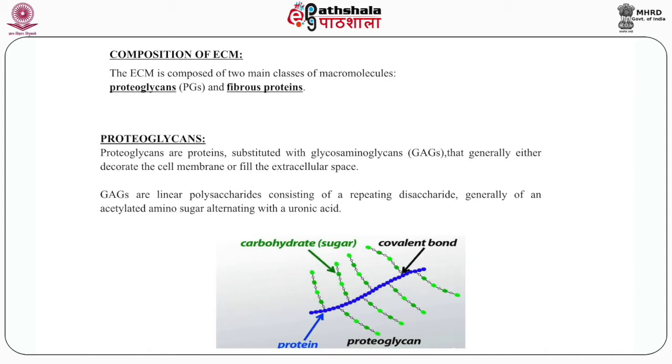Elaborating on the proteoglycans, these are proteins substituted with glycosaminoglycans, which we also call GAGs, that generally either decorate the cell membrane or fill the extracellular space. GAGs are linear polysaccharides consisting of a repeating disaccharide, generally of an acetylated amino sugar alternating with a uronic acid.